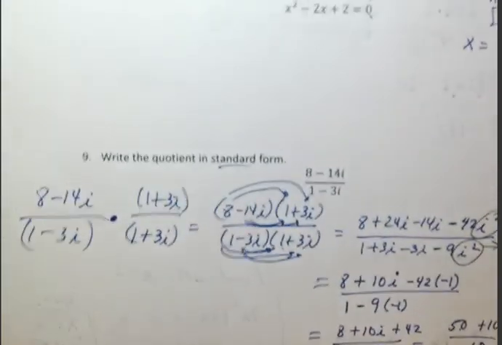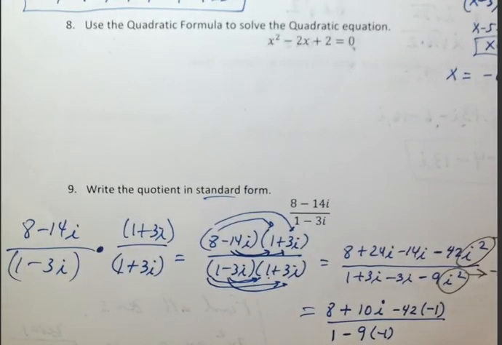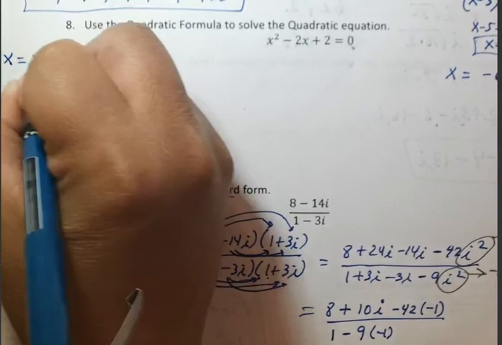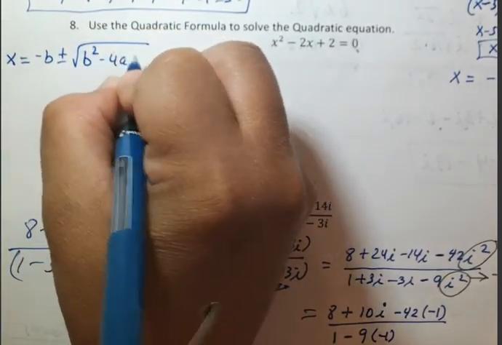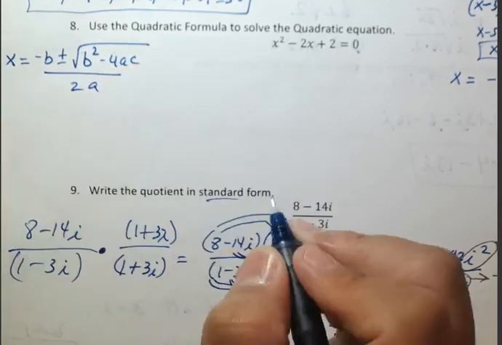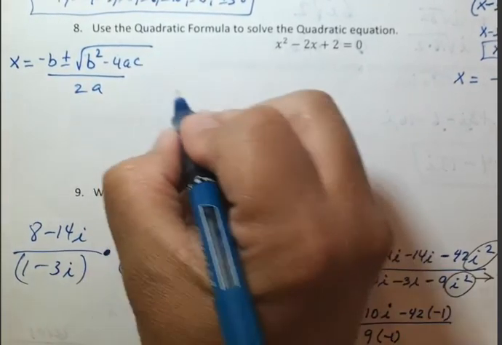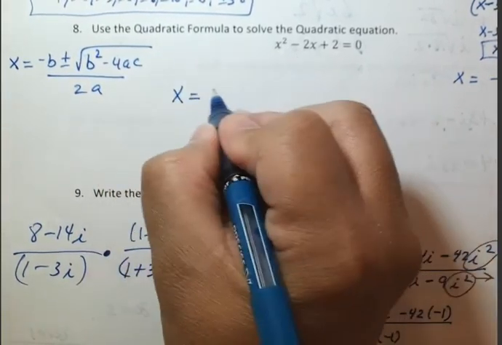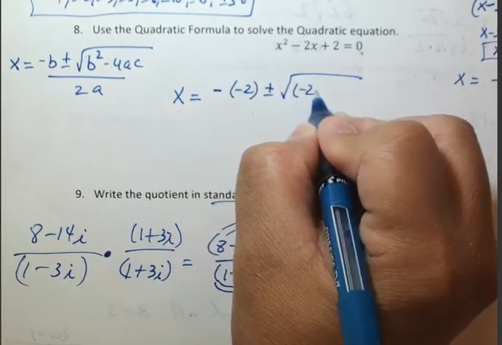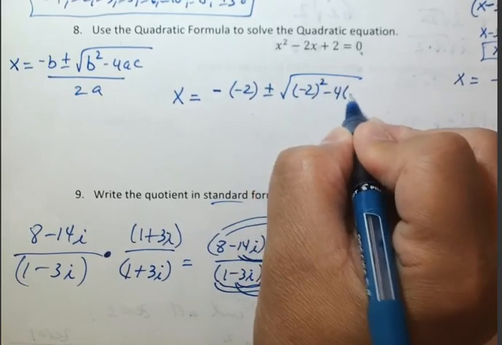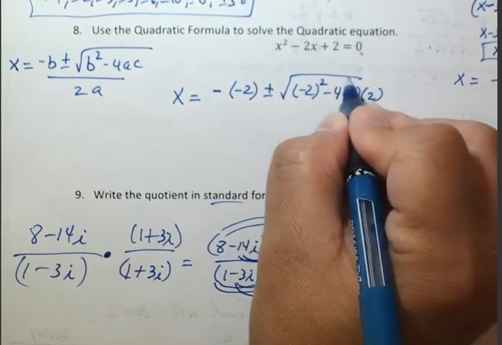Okay, number 8. Use the quadratic formula. So here we get x equals negative b. A is 1, C is 2.